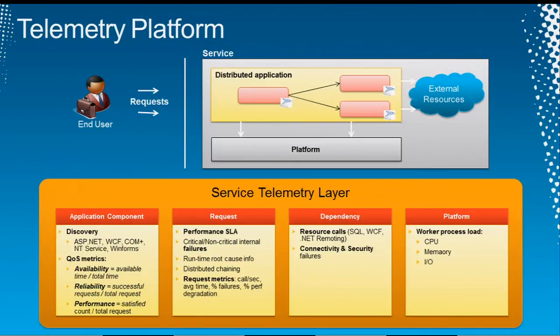If you go a little bit deeper into the request itself, we're measuring the performance SLA on top of that request, and then we detect critical failures of those requests. Let's say there was a request to a page, and inside the page there was an exception, but that exception didn't surface to the user.